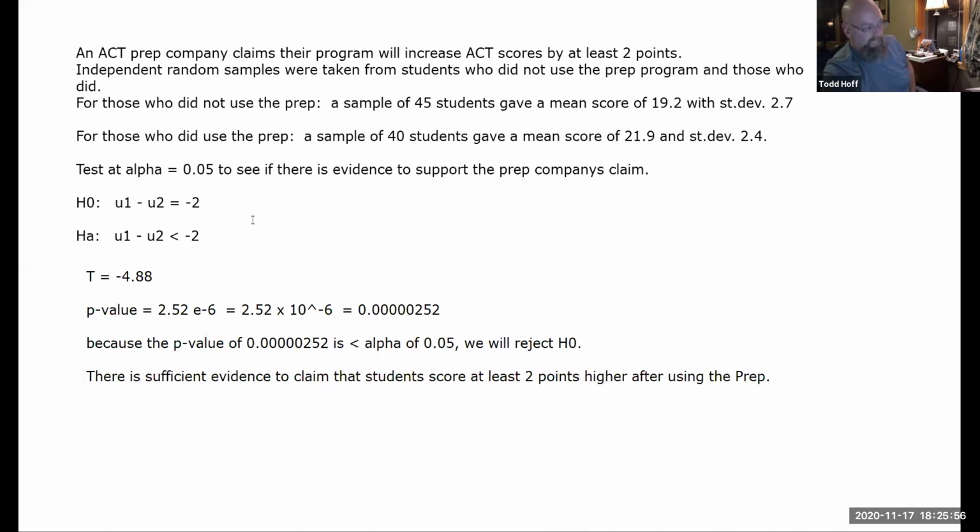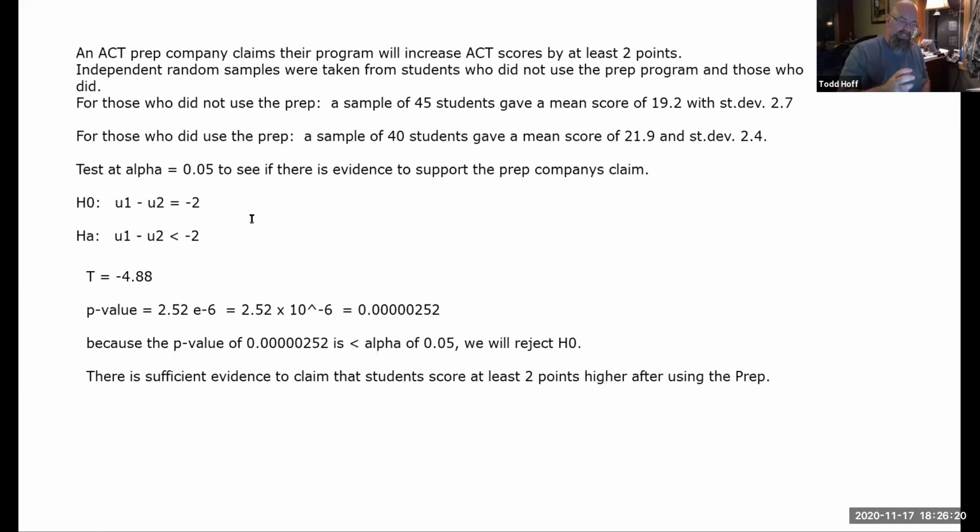So we didn't prove the company's claim, but we showed that the opposite of the claim, the null hypothesis, is highly unlikely. So we rejected the opposite of their claim, which means the only thing possible left is to take their claim. Like I said, we're not trying to prove anything here.